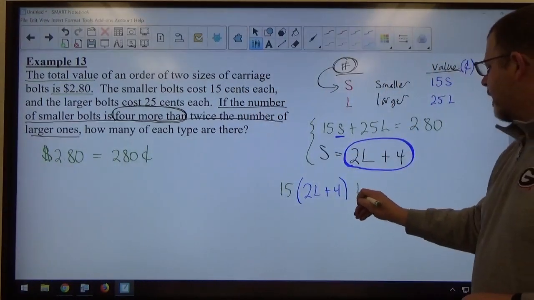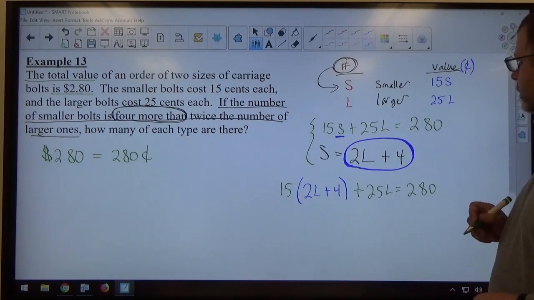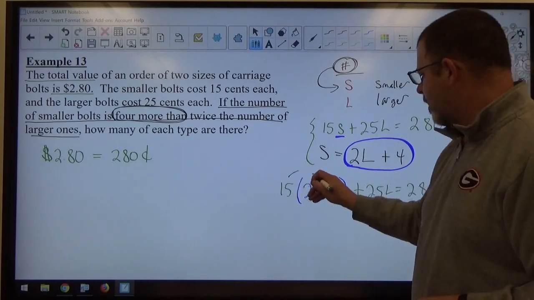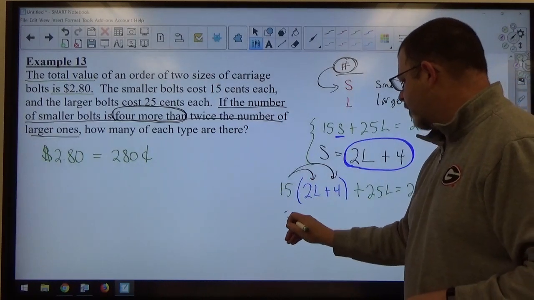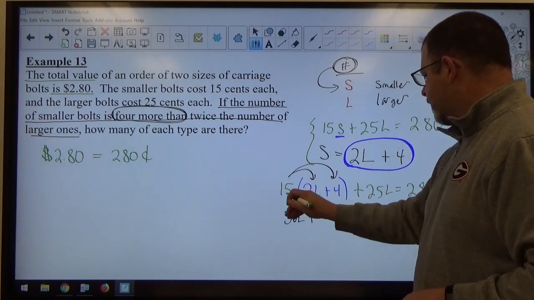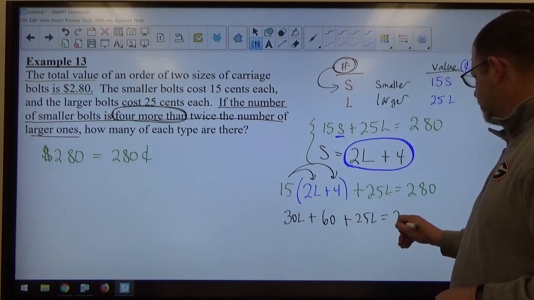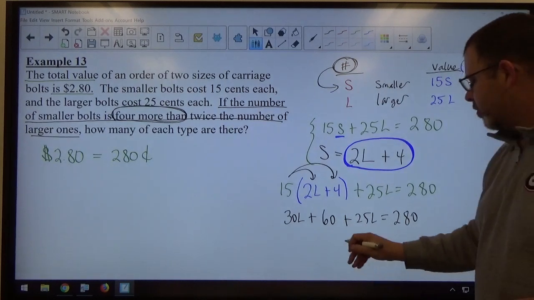Plus 25L equals 280. Now it's just a matter of solving the equation. Order of operations first. We're going to do a little distributive property here. 15 times 2L is 30L. 15 times 4 is 60. So 30L plus 60 plus 25L equals 280.